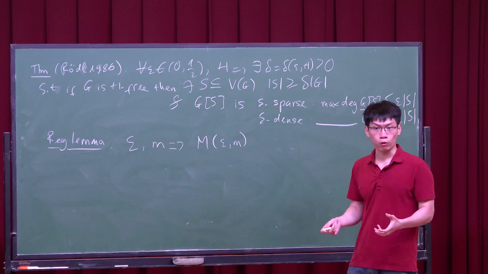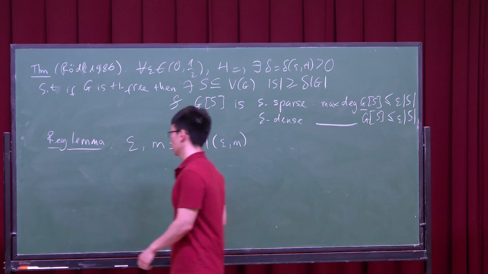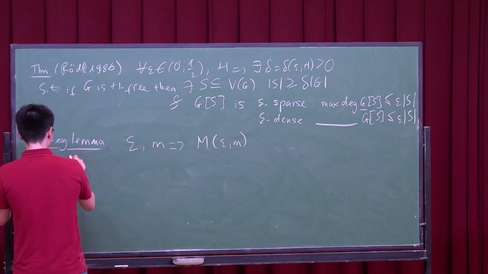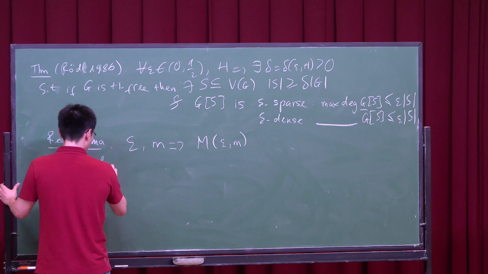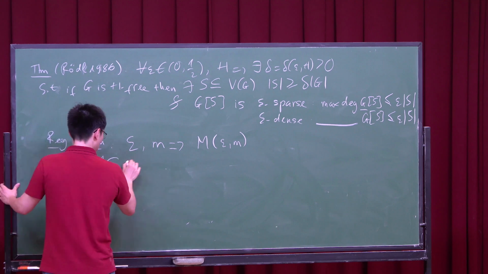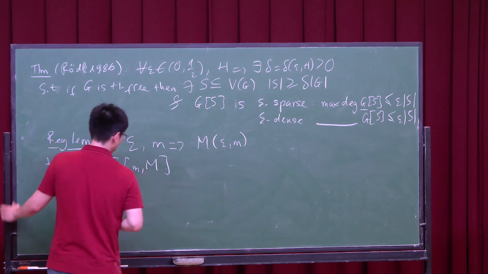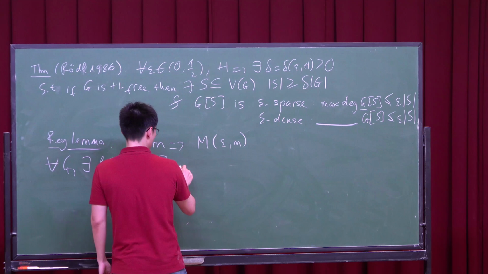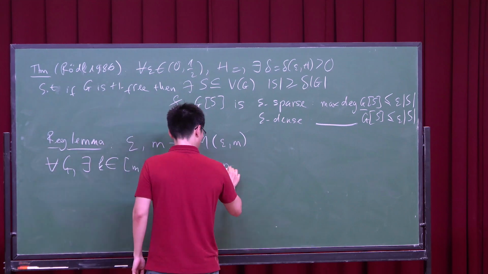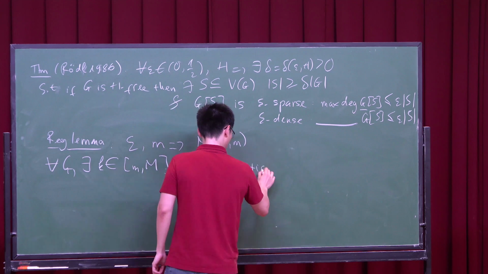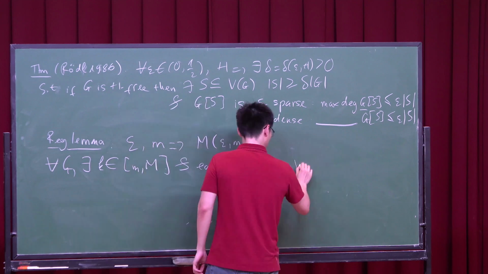Okay? So then for any G there exists K between small m and big M and an equipartition of V(G).